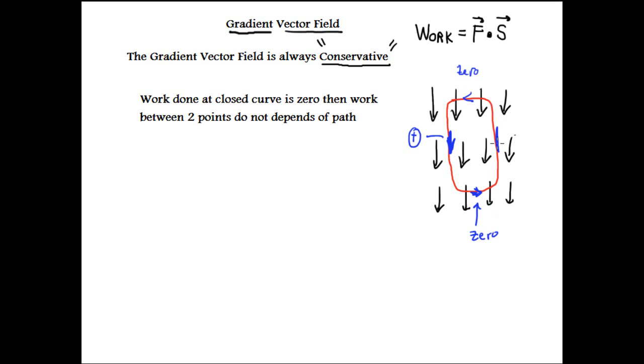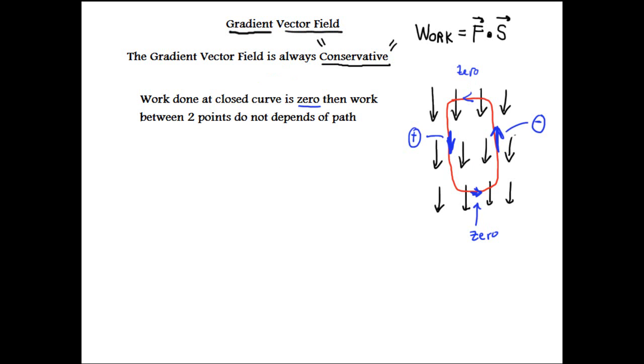However, when you travel in this direction, you go in the opposite direction to the gravity, and the angle between displacement and gravity is 180 degrees, and the work is negative. So positive, negative, 0, 0. The work done in the closed curve is 0.